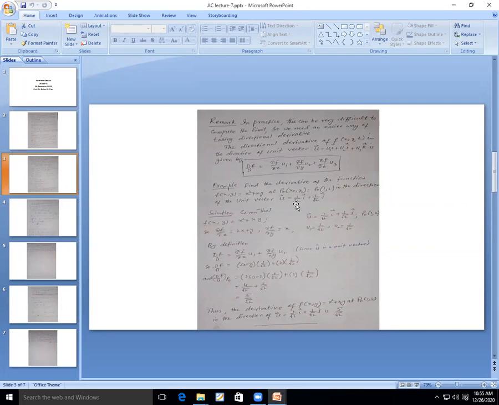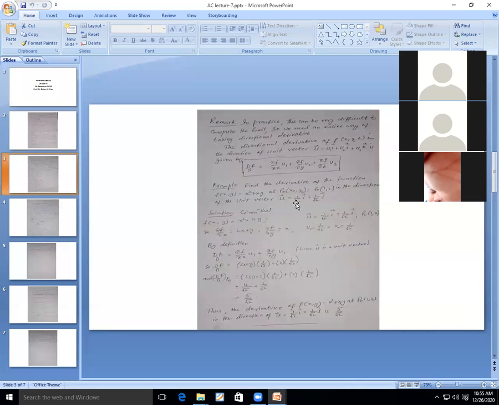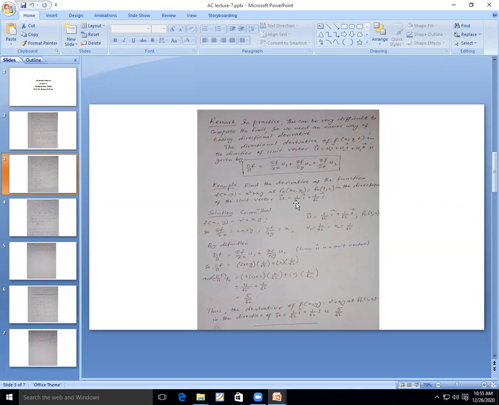But we are trying to find this directional derivative of f in the direction of unit vector u at the point P naught. The point is also given. And here in the point, your x is 1 and y is 2. So putting the values of x and y, you get 2 times 1 plus 2, times 1 over root 2, plus your x, which is 1, times 1 over root 2.